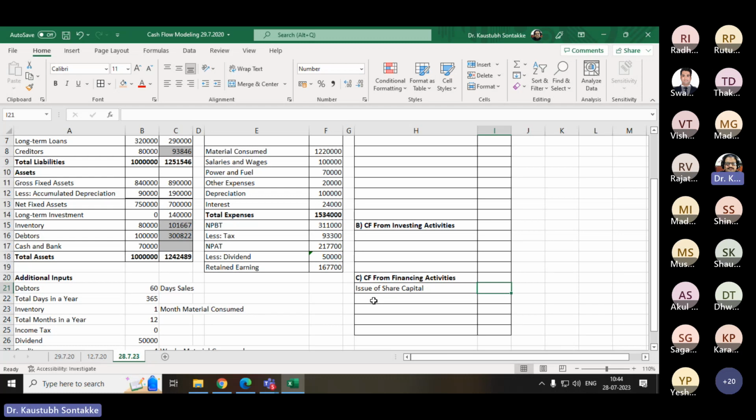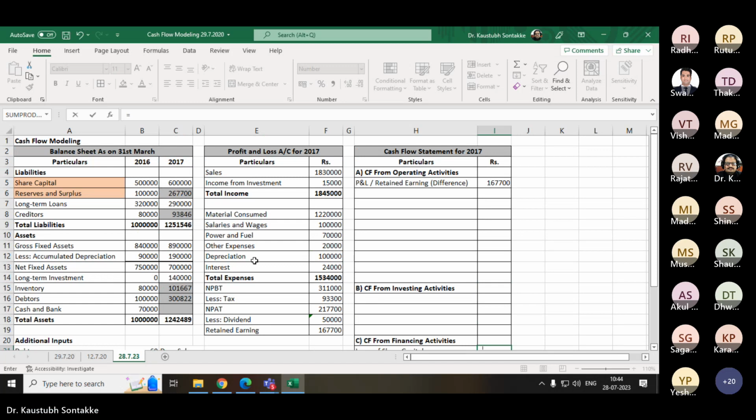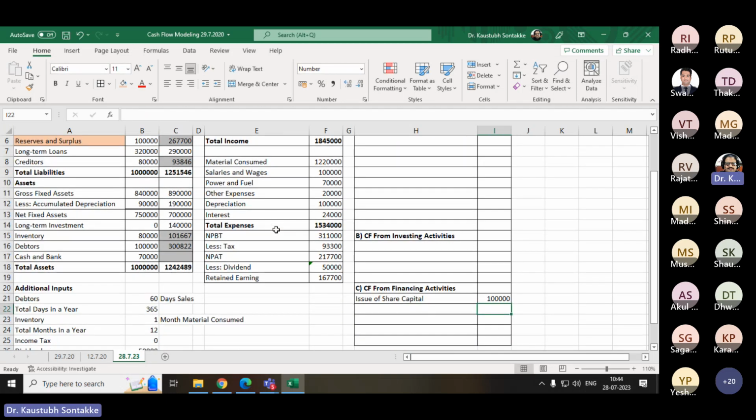Come to the amount cell and type is equal to second year share capital minus first year share capital.